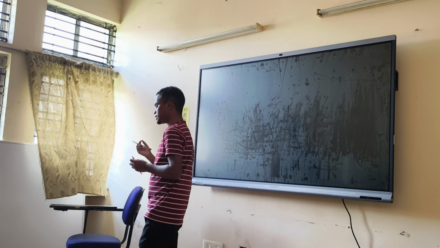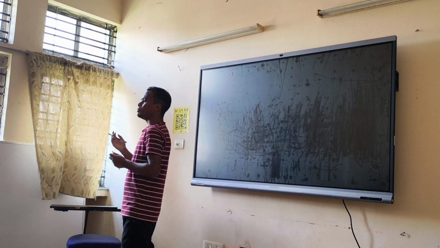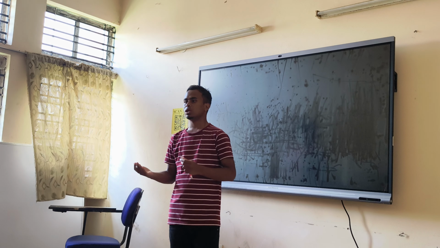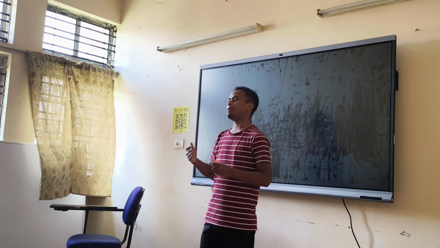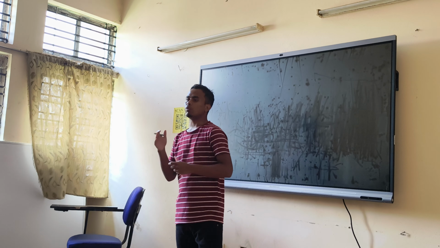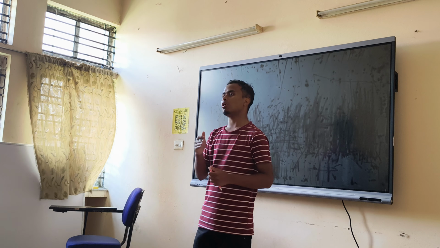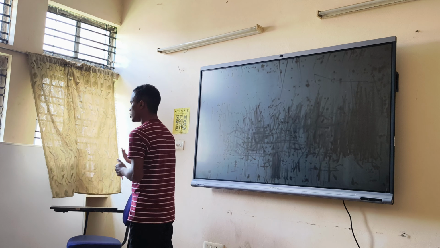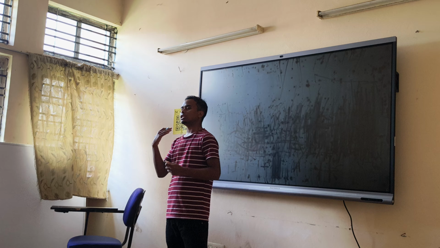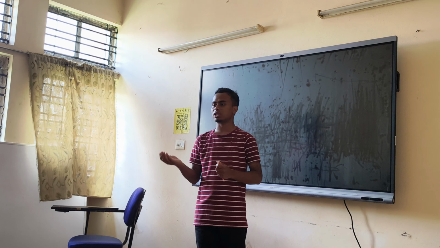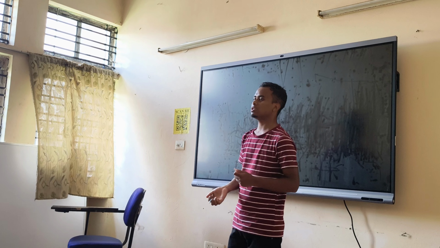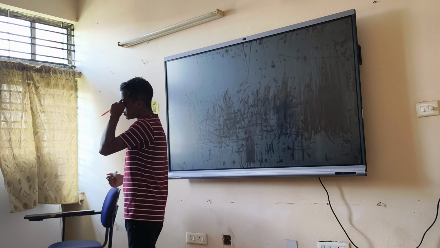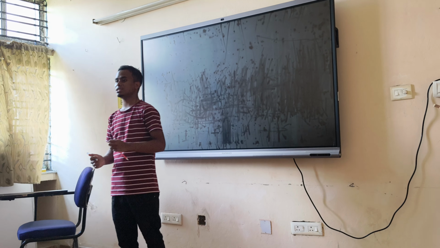We also studied how we can identify whether a substance is acidic or basic, and the three types of indicators: natural indicators, synthetic indicators, and olfactory indicators. I hope you are all clear.